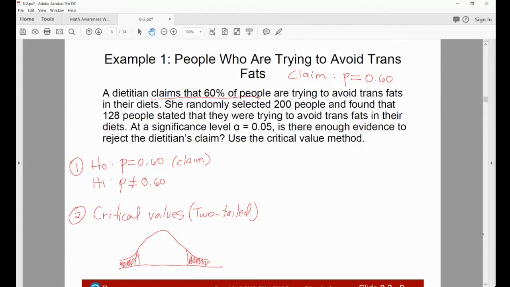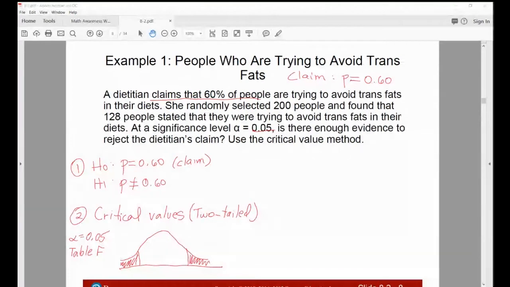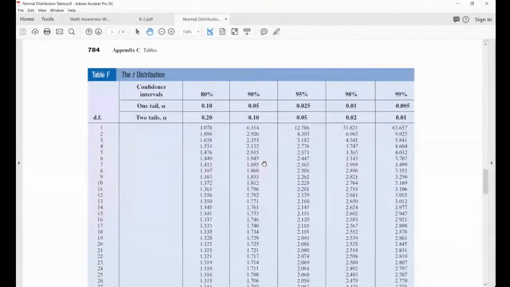So now we're gonna use the value of alpha. So what's the value of alpha? The significance level. Alpha is 0.05. So with the value of alpha and table F, last row, we're gonna find the critical value. So I'm gonna open the table. Table F. And then we need to decide where to find the value of alpha equal to 0.05.